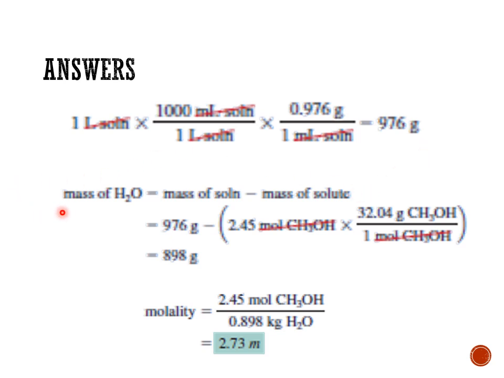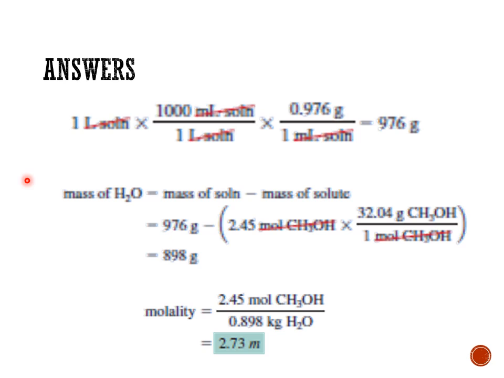So, to get the mass of water, 976 grams minus mass of solute. So, to get the mass of solute, 246 moles of methanol times the molar mass of methanol given kanina. So, you'll get 898 grams.